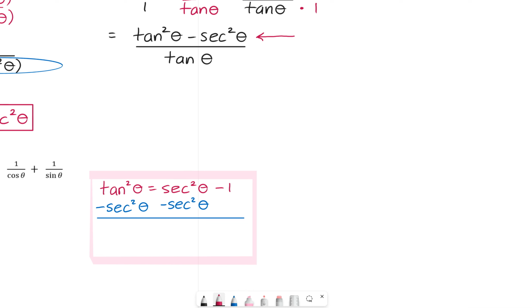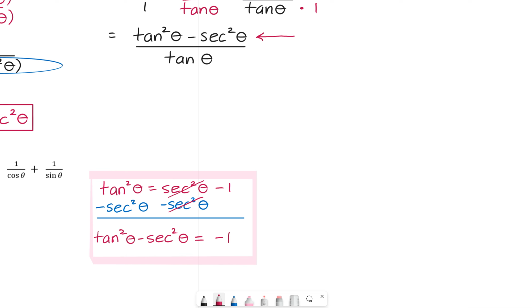Because tangent squared minus secant squared, I'm going to write it horizontally because that's what I'm seeking. And I'm going to figure out exactly that it is equal to -1, because that's the only thing left on the other side, because the secant squared and the secant squared zero out.